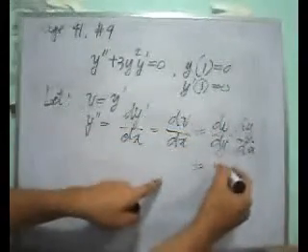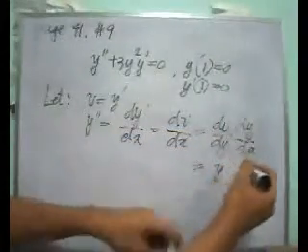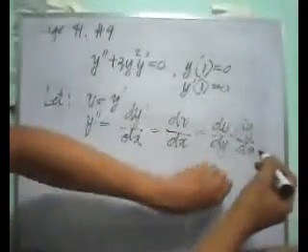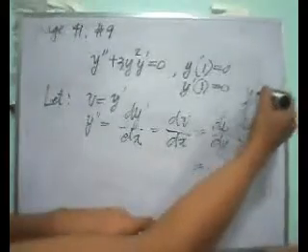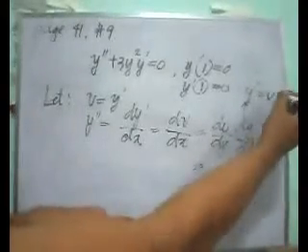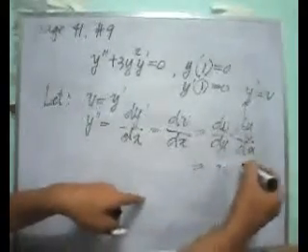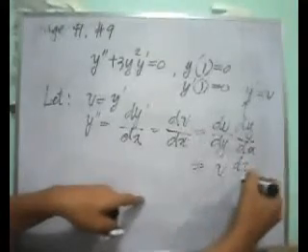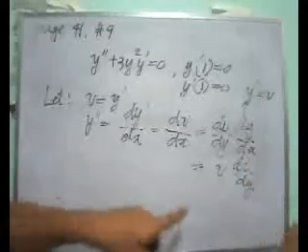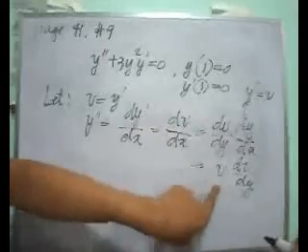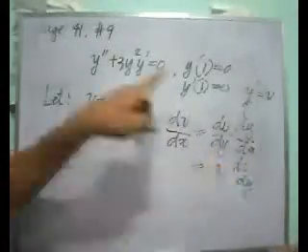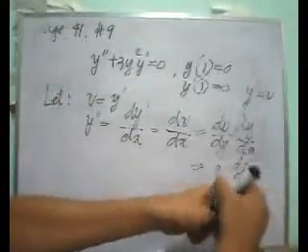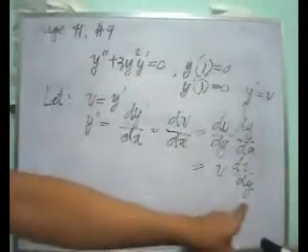Therefore, this is y prime, and that y prime is being equated to v. Therefore, we have v dv over dy. Now we have made our goal. We made v our dependent variable and y, which is stated in the problem, the independent one.